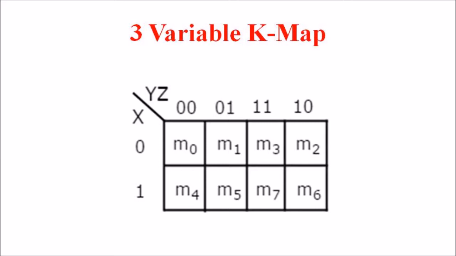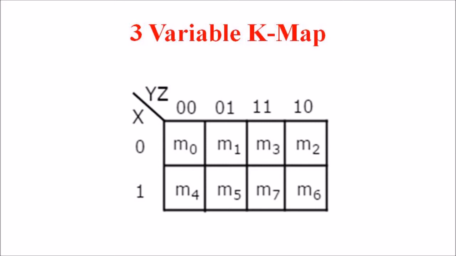If x is equal to 0, then the 3 variable KMap becomes a 2 variable KMap. So there arises a question: why are we combining or grouping these terms? This we will discuss in the upcoming lecture, that is, the rules for grouping the KMap. This grouping is made in order to solve the given Boolean function, and there are different rules for grouping that will be discussed in the upcoming lecture.